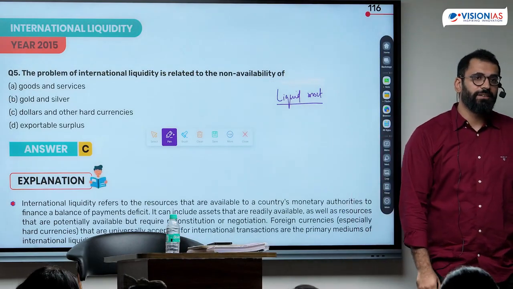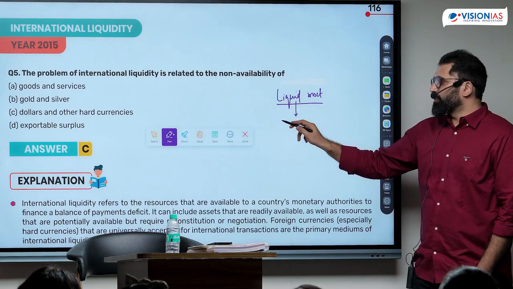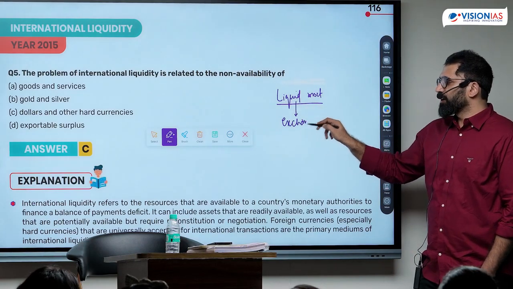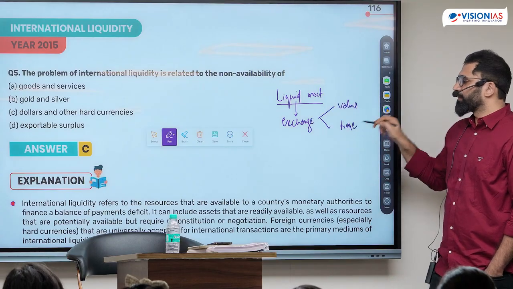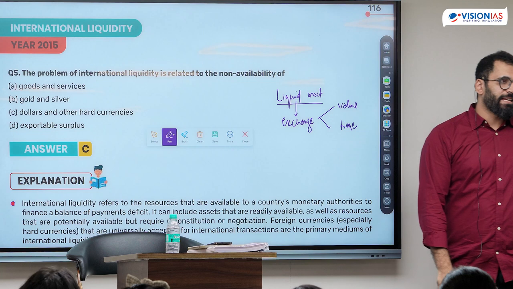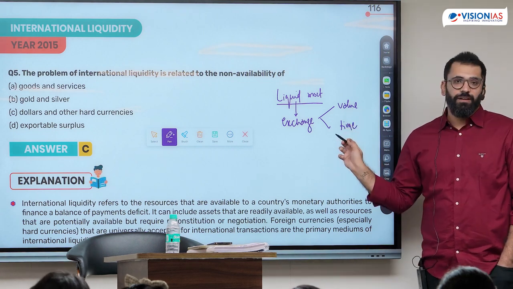What is a liquid asset? This asset which can be used in exchange without loss of any asset which helps me conduct the exchanges without loss of value and time.